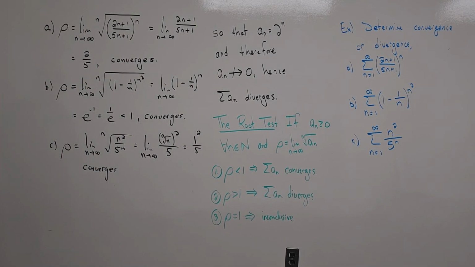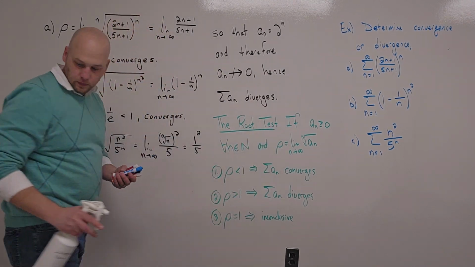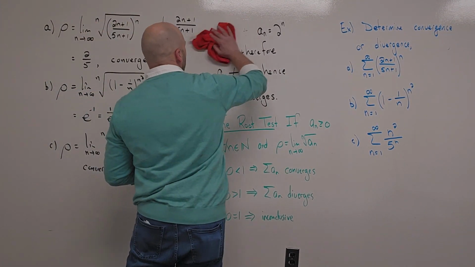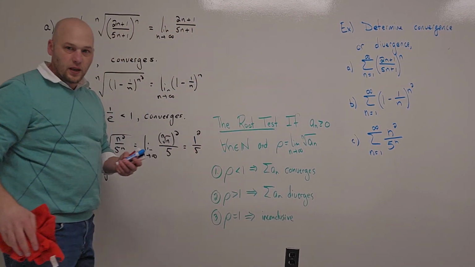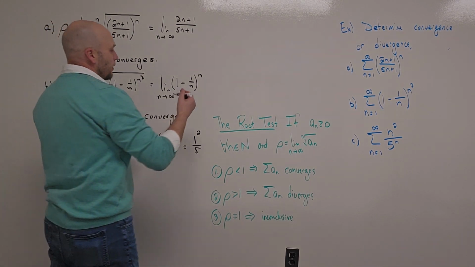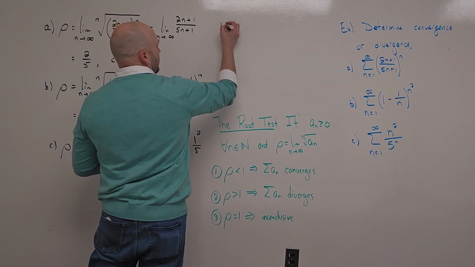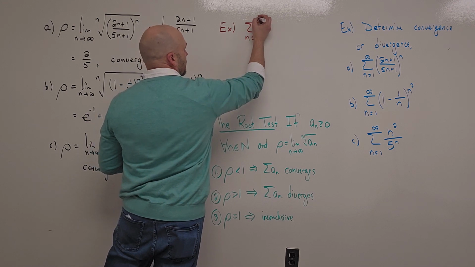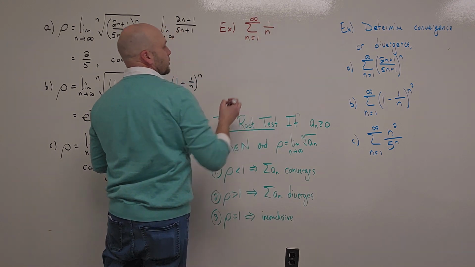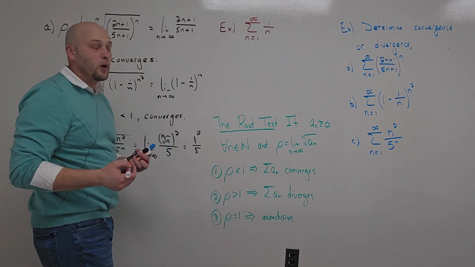Since all three of those converge, let's do another example. Yes, let's leave the statement of the root test up there. All right, so here's another example. Let's look at the following infinite series. The sum n equals 1 to infinity of 1 over n. So that's the harmonic series that you should be familiar with at this point in the Calc 2 course.